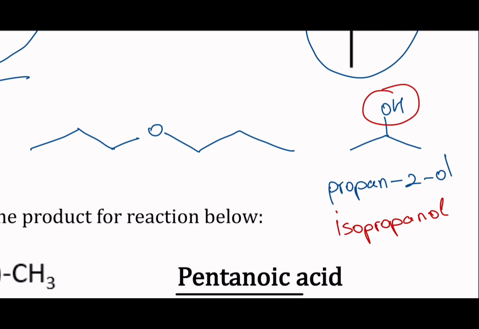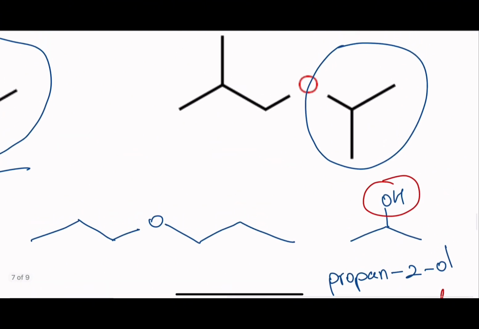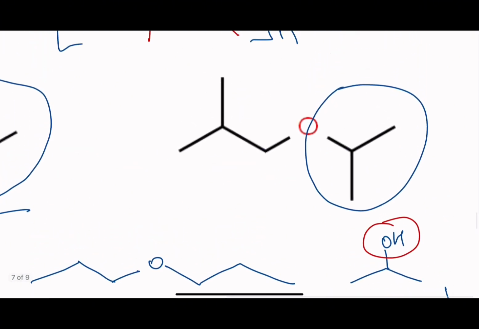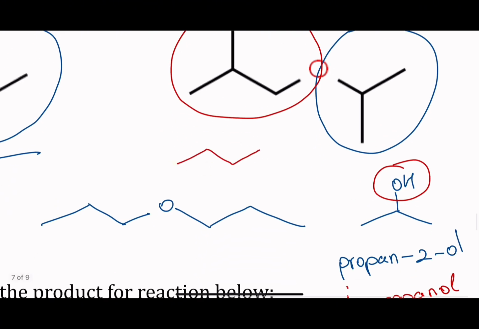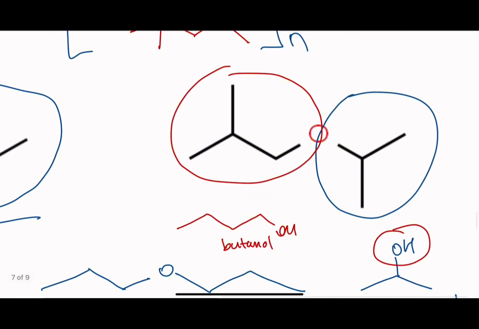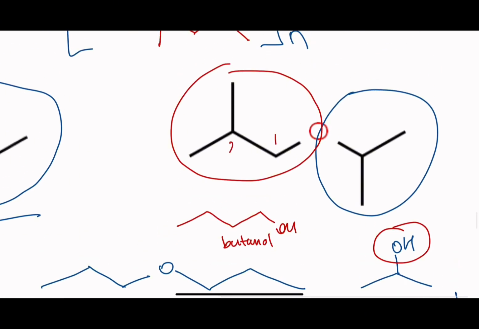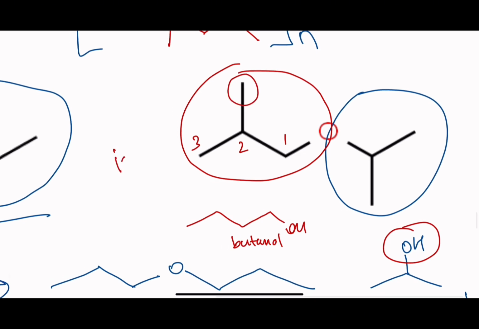They call it isopropanol. Okay? And then look at here again. Normally this one with 4 carbons, we call it butanol, right? Again, in here you see 3 carbons in the chain and 1 on the branch. This is called isobutanol, the alcohol which is coming from.